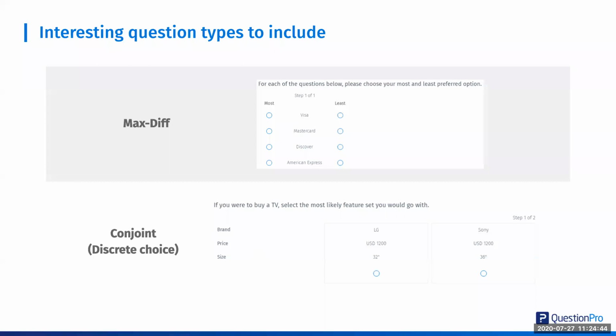One interesting thing that you can do is, if you're asking a battery of rating scale questions, let's say on a 1 to 5 scale, typically most of them fall in with like 3.7, 3.6, 3.8, somewhere in that range. So the differentiation between each one is not that high, and it's hard to get a clear sense of which one is most important or least important.